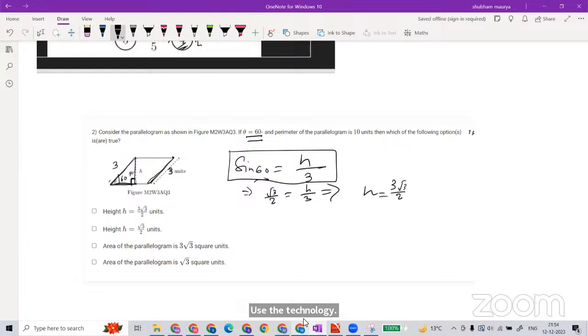Okay, sir. And now finding the area is just base into height. We got the height, but what is going to be the base here? How will we find the base?